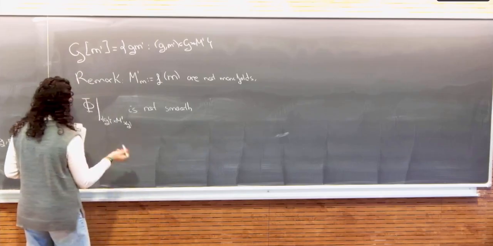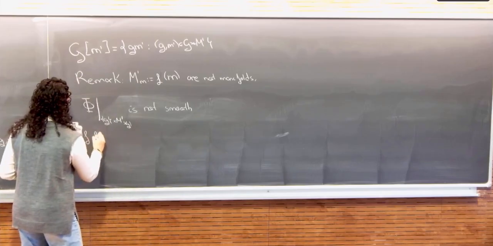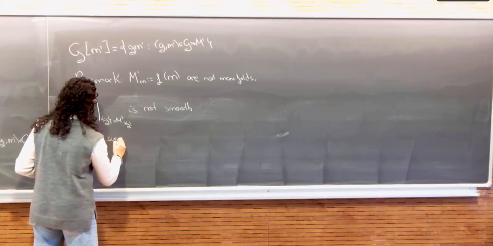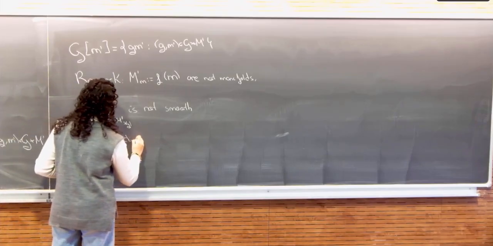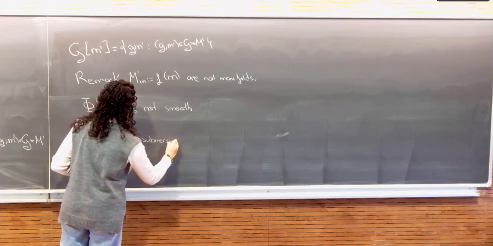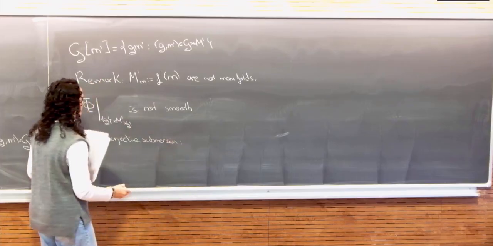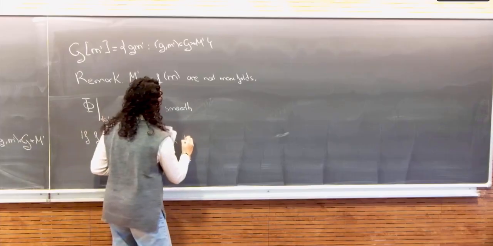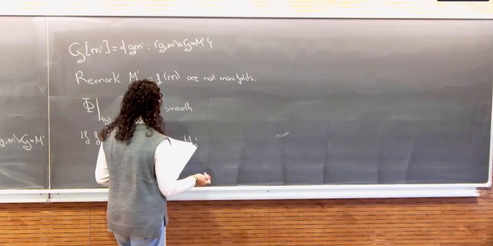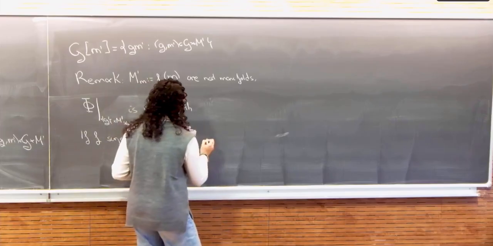But what happens if we have an F that is a surjective submersion? Then the fibers are closed embedded submanifolds of M prime.